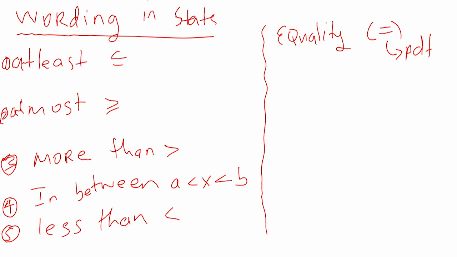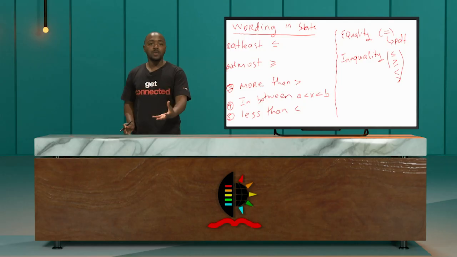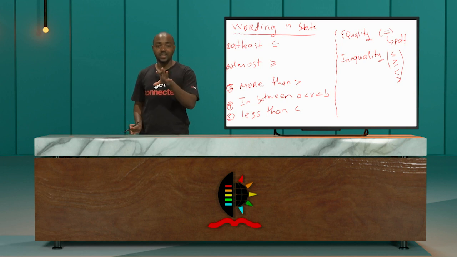We'll talk about that. And then you've got inequality, which is one of these. So there are two ways. Before we do probability distributions, you need to understand everything that's here.